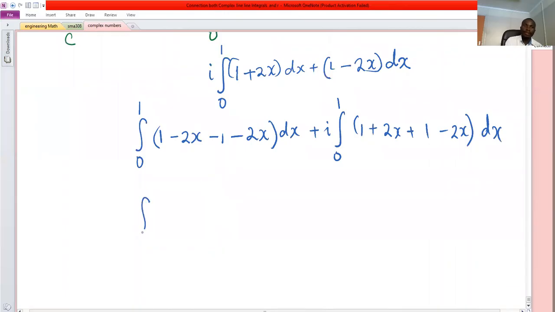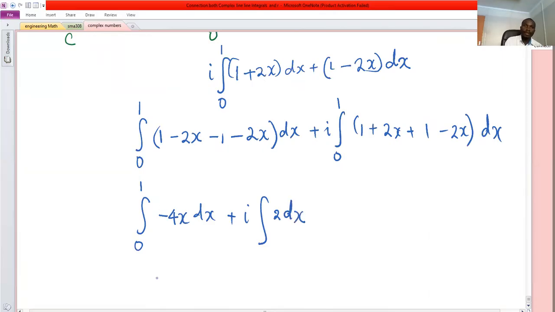And this simplifies to 1 minus 1 is 0, so minus 4x dx plus I, now this and this cancel out, so we'll have 2 dx.